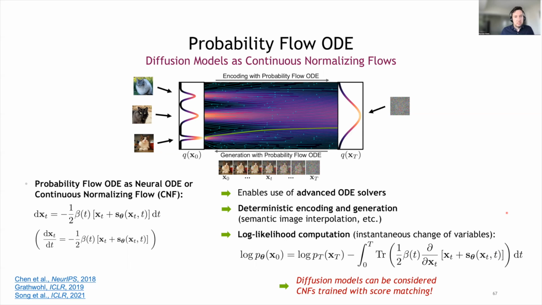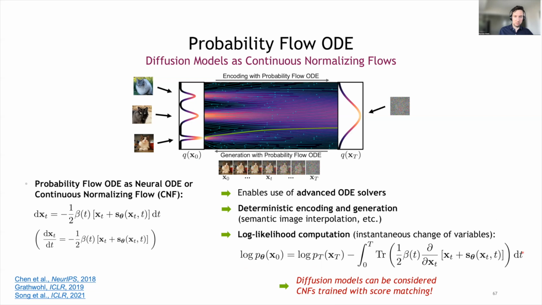What all this means is actually that in their probability flow ODE formulation, diffusion models can also be considered as continuous normalizing flows. However, in contrast to continuous normalizing flows, we train diffusion models with score matching. Continuous normalizing flows themselves are usually trained directly with this objective to maximize the likelihood of the data.